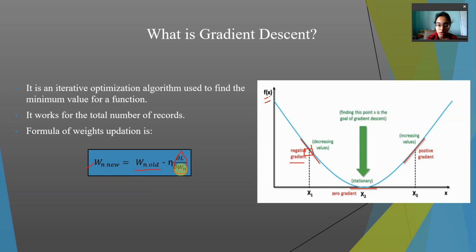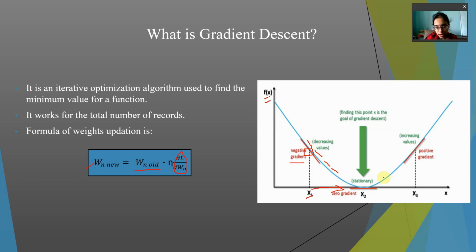Okay, so since our weight is initialized at this point, that is x1, if we add some value to x1, then it will move in this direction, right? Basically it will come down like this. After certain epochs, the weights will move in this direction and come down like this.